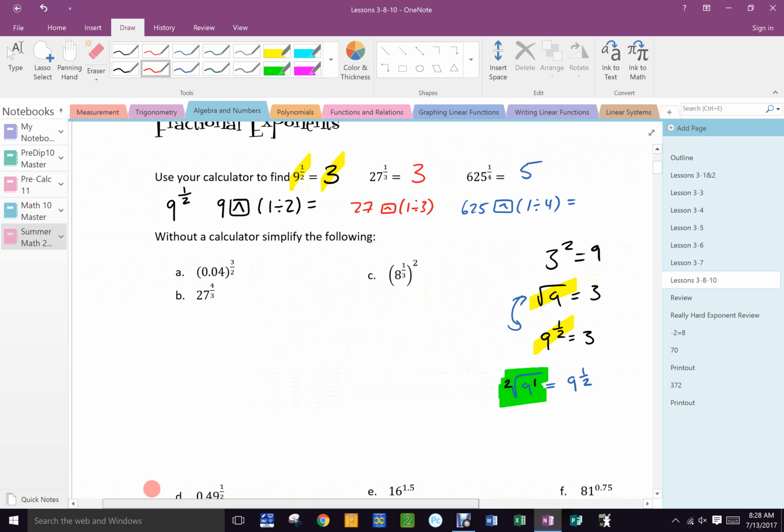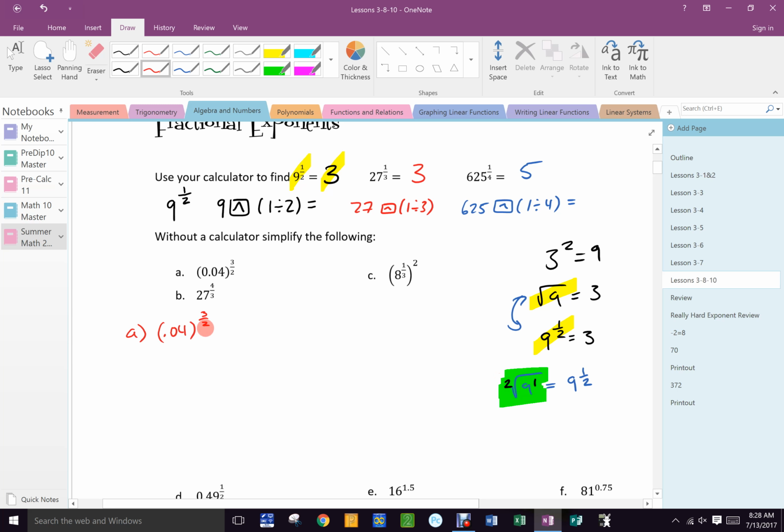All right. So let's see about this. Now, mine printed weirdly, A, B, C. Did yours do that? Yeah. Sorry about that. So A is 0.04 to the 3/2. Now, that looks different, doesn't it? But have looks mattered in math before? Or do rules matter? The rules are what matters. So when we had just a regular number there, we took the denominator and it became what? What happened to the denominator here? It became the index.